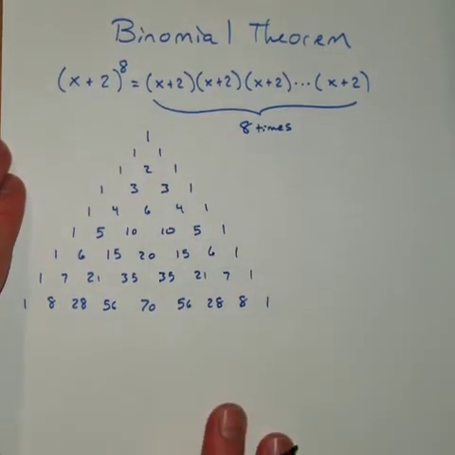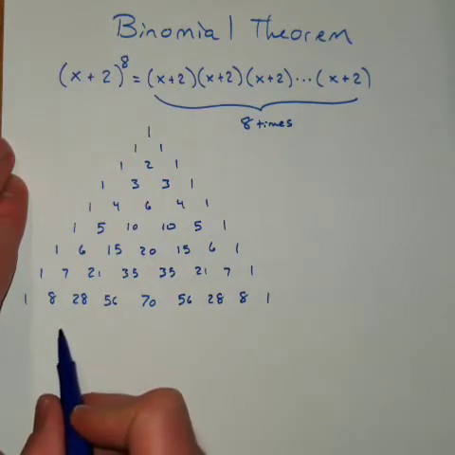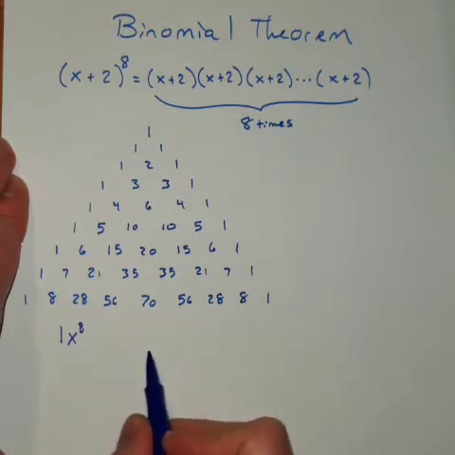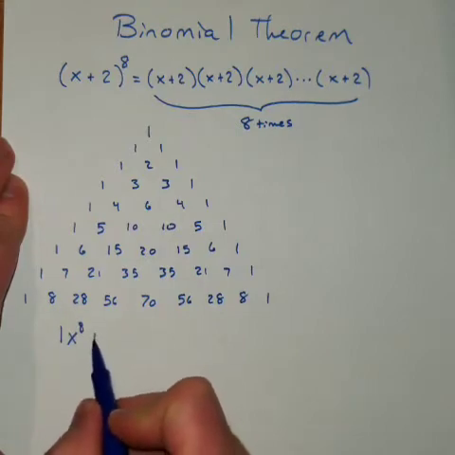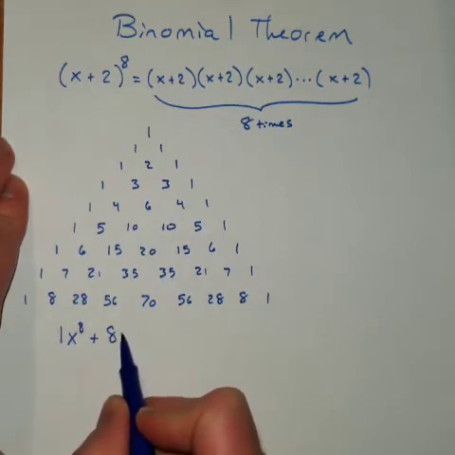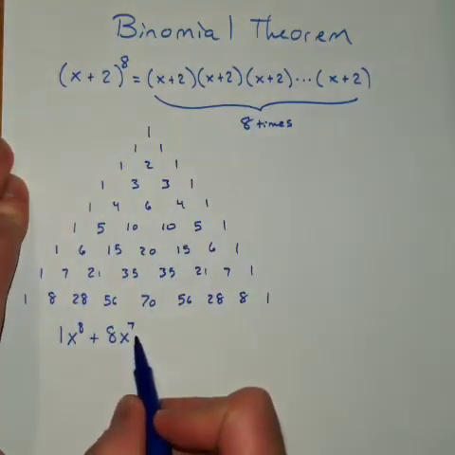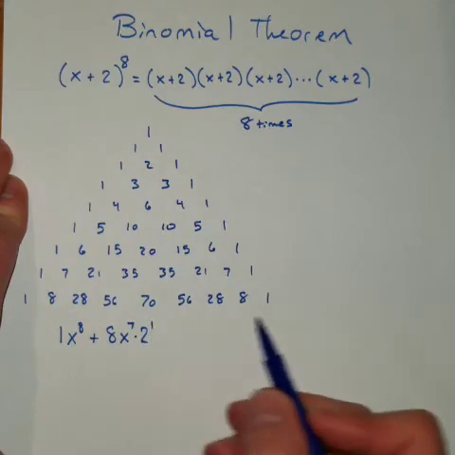Let's look at the coefficient of 1. That first term is going to be 1x to the 8th. Every term has to have the powers add up to 8. Then you have 8x to the 7th, and then times 2. That 2 is really to the 1 power.